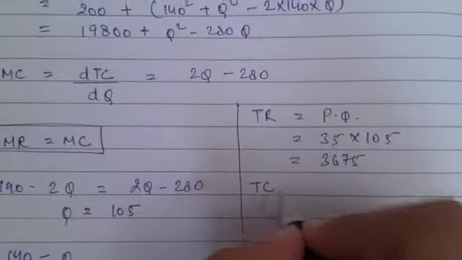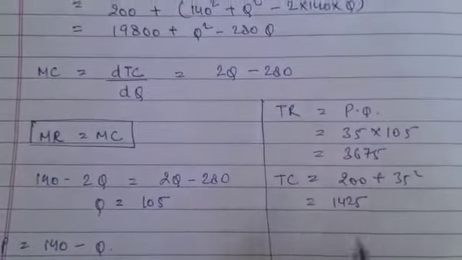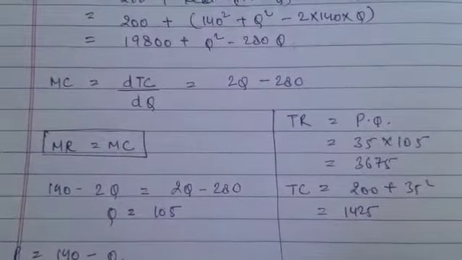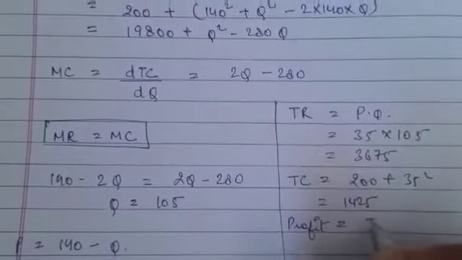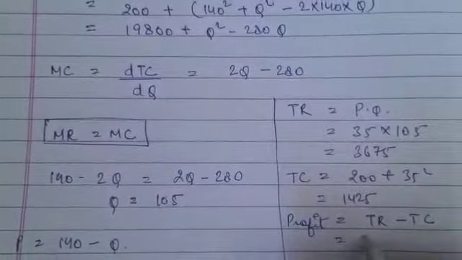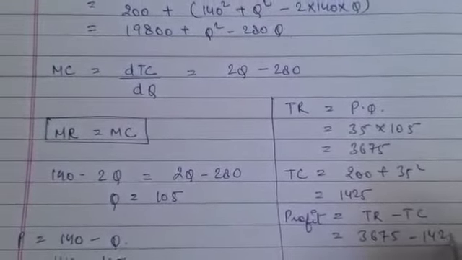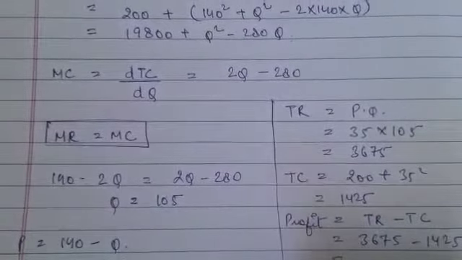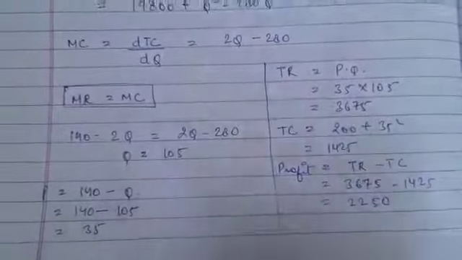Now total cost will be 1425, and profit we know equals total revenue minus total cost. Total revenue was 3675 minus total cost 1425 equals 2250.